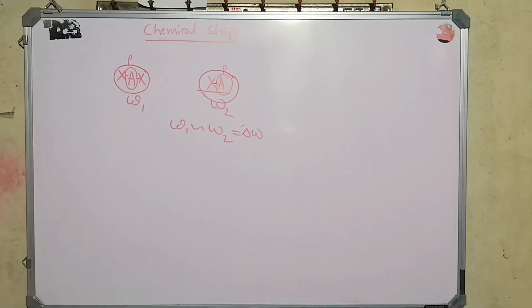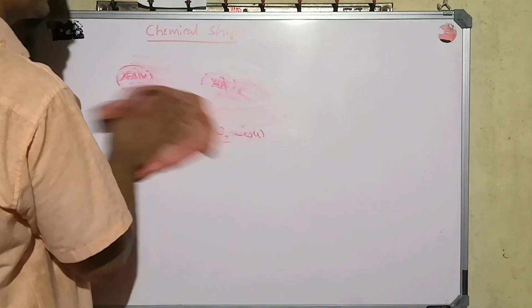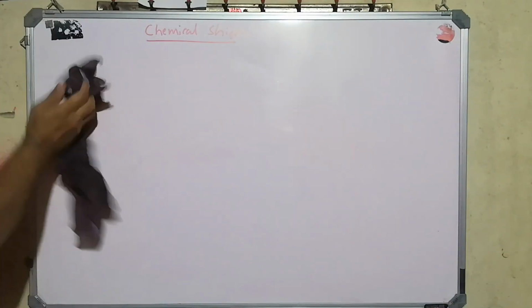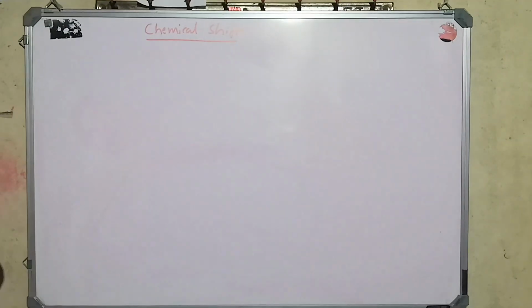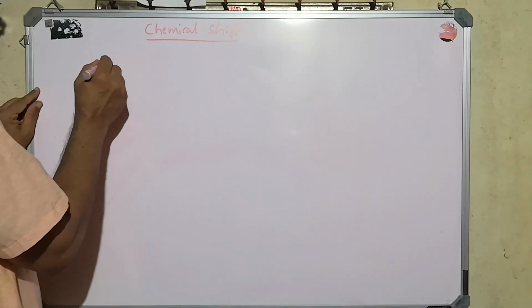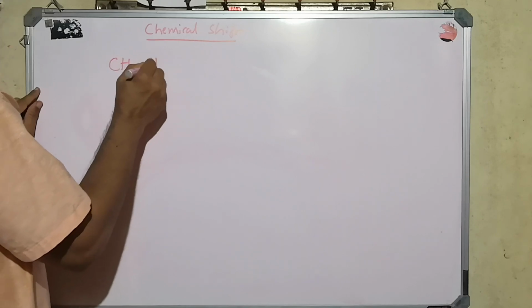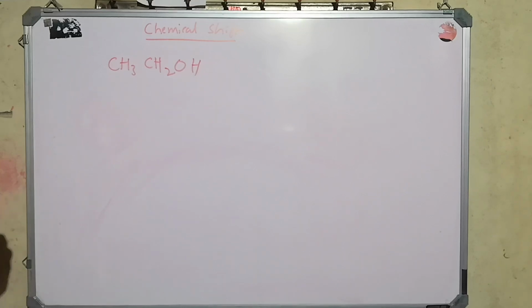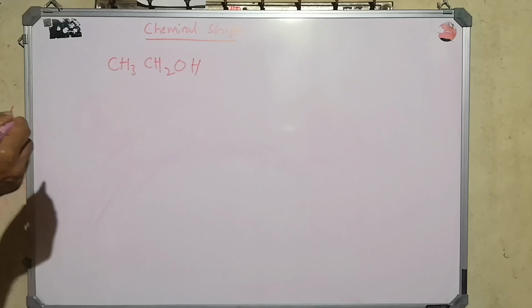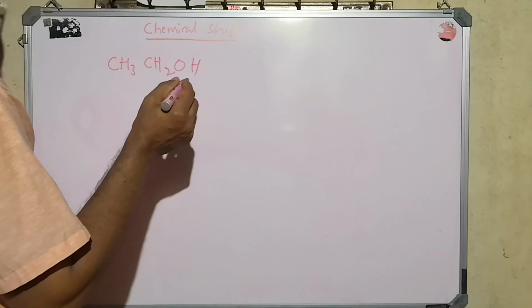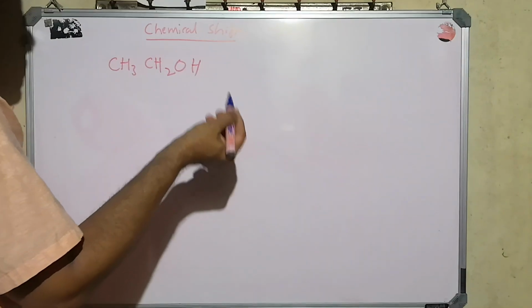Consider an example of the fine structure of ethyl alcohol, CH3CH2OH. When you observe the fine structure of ethyl alcohol, we observe three different peaks.